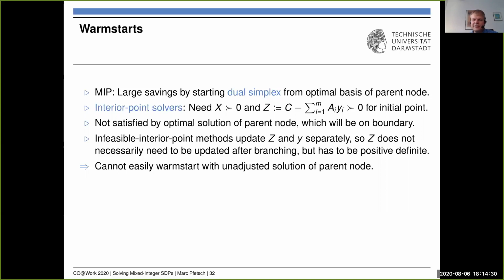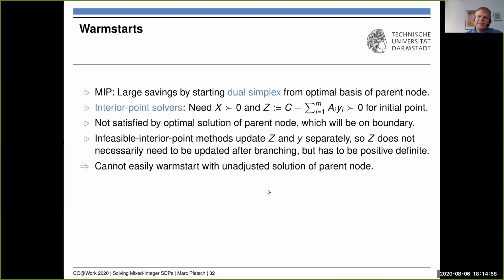But this is not nearly as easy as for the simplex algorithm. So the goal is to choose starting points for the primal X and for the dual Z that are positive definite, so that Slater's condition is satisfied, and start the interior point method from there.